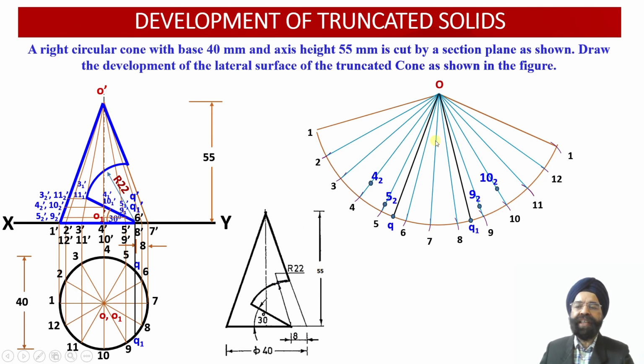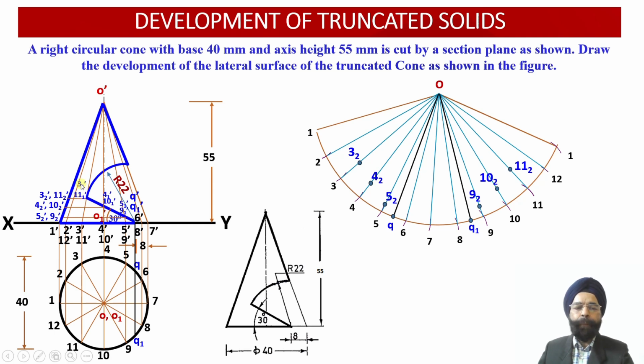This is O3 generator, this is O11 generator. So once we mark these 2 points over here, 3 2 point into the developed surface view and 11 2 point into the developed surface view have been obtained over here. So all the 8 points of intersection corresponding to the straight line cutting plane have been obtained.